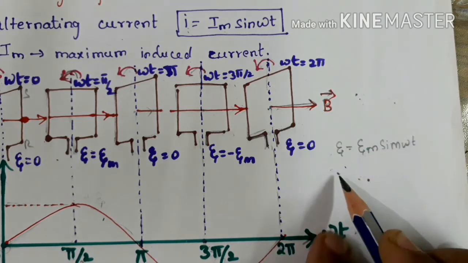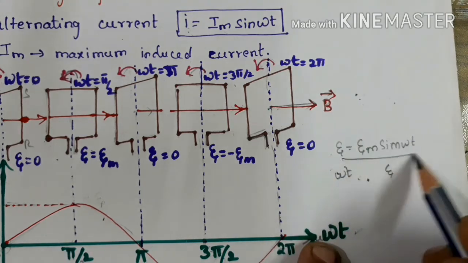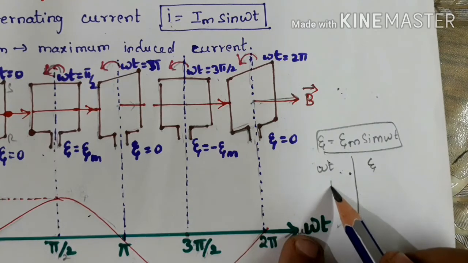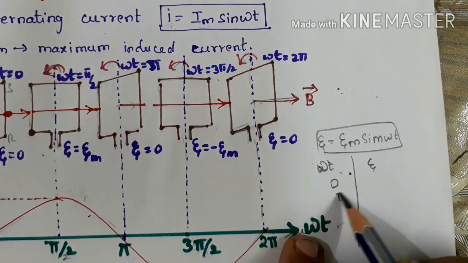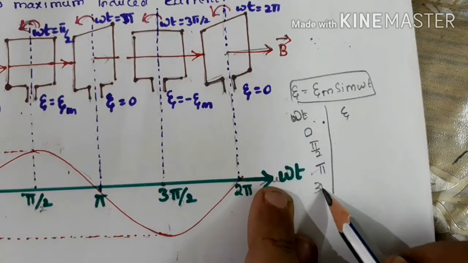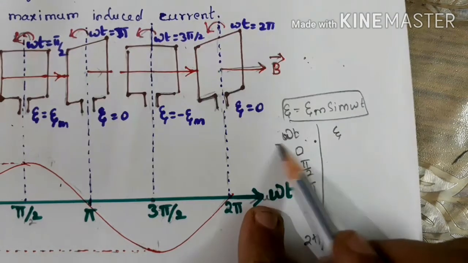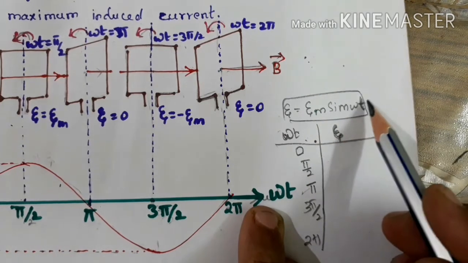Now you can give omega t values in this formula. You can give 5 values for these 5 positions. Initially theta is 0, next is pi by 2, next is pi, and third, position 3 pi by 2, 270 degree, this is 2 pi. You substitute the values and find the value of EMF, children, in this expression.